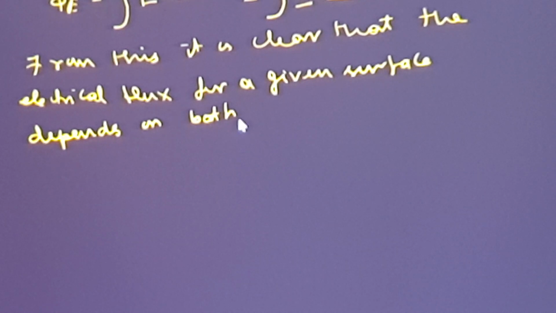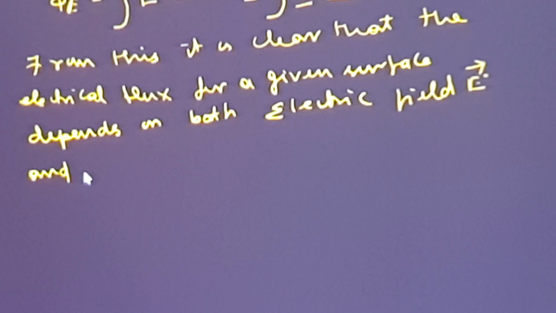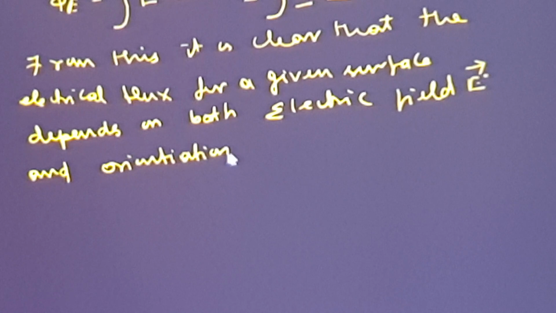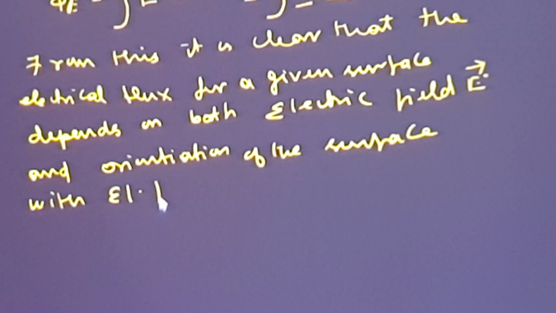So it depends on both the electrical field, which I am writing as E vector, and also on dA vector. dA vector is the orientation of the surface. Orientation is nothing but position, the orientation of the surface with the electrical field. That is dA cos theta with the electrical field.